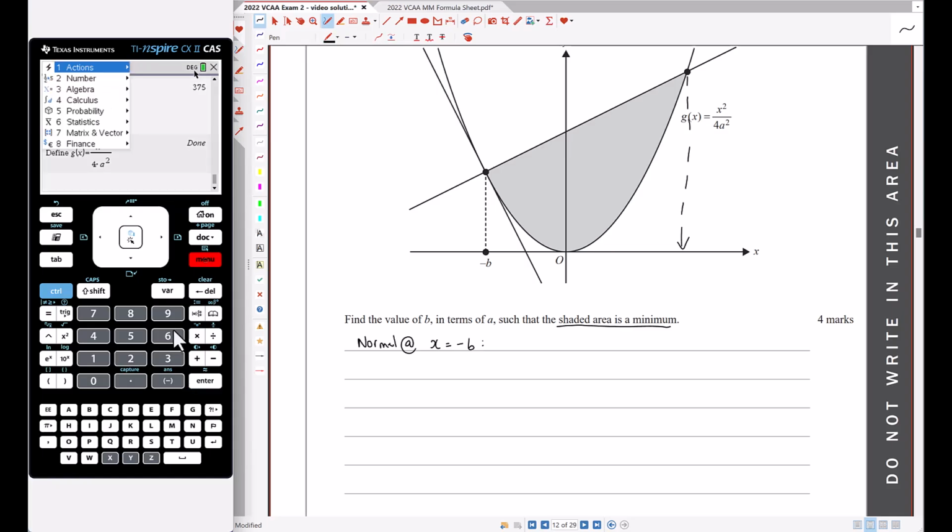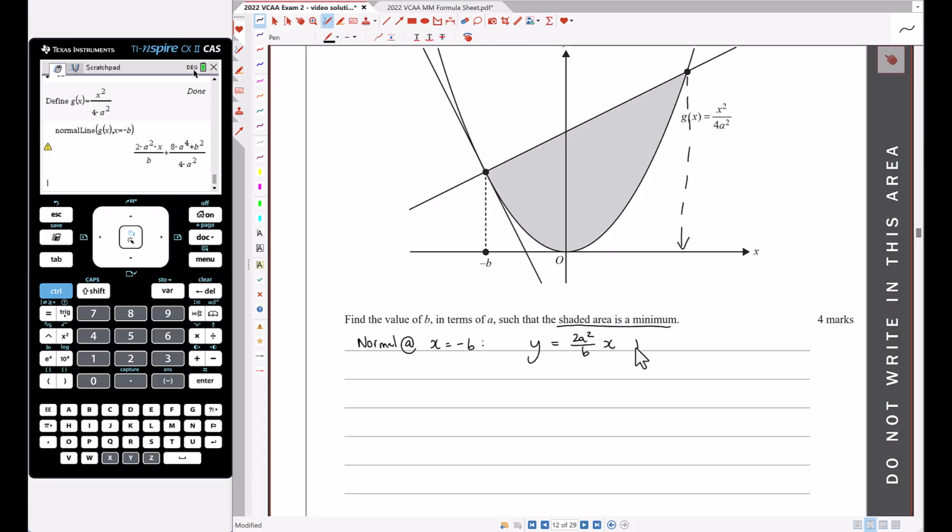We now want the normal, so menu for a to g of x, comma, when x is equal to negative b. Okay, so that is y equals 2a squared on b x, and then plus 8a to the 4 plus b squared on 4a squared.